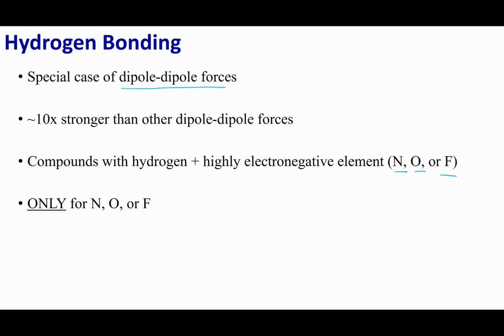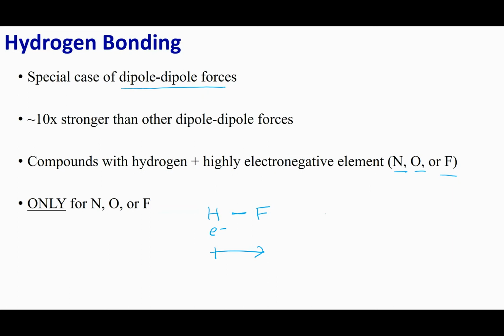And the reason this hydrogen bond works is because we'll note that hydrogen only has one electron. So if it is attached to something that is very electronegative, well, that electron is going to be shuttled over to that atom. And that electron is going to spend most of its time around that more electronegative atom.